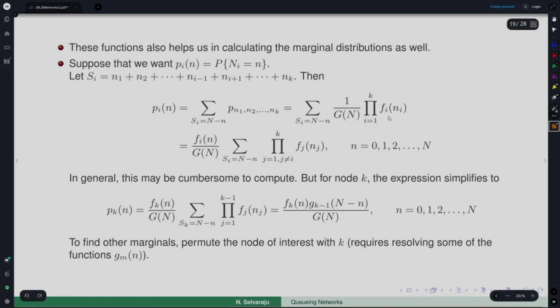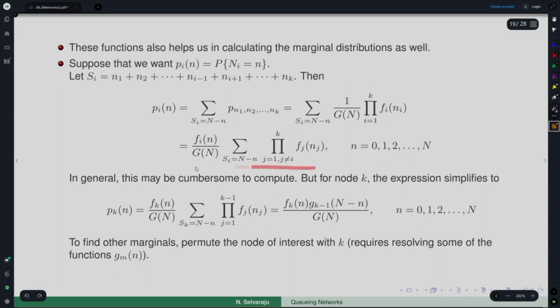Now, if I take the ith one out, because I am keeping only the ith one out, then I will get this as the expression. I could even have written j here, it does not matter. So, this is Fi of n, the ith one taken out, and j not equal to i will give the remaining ones here.